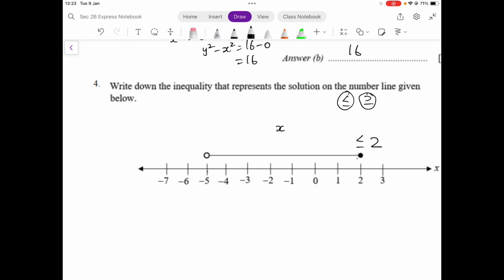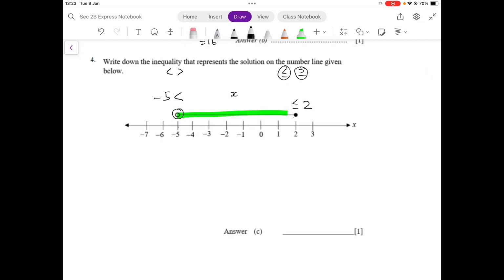And on the other end, because it is a circle, it is more than or less than. Because the line covers numbers that are above minus 5, it is more than minus 5. Alright, so your inequality will be x less than or equal to 2 and more than minus 5.